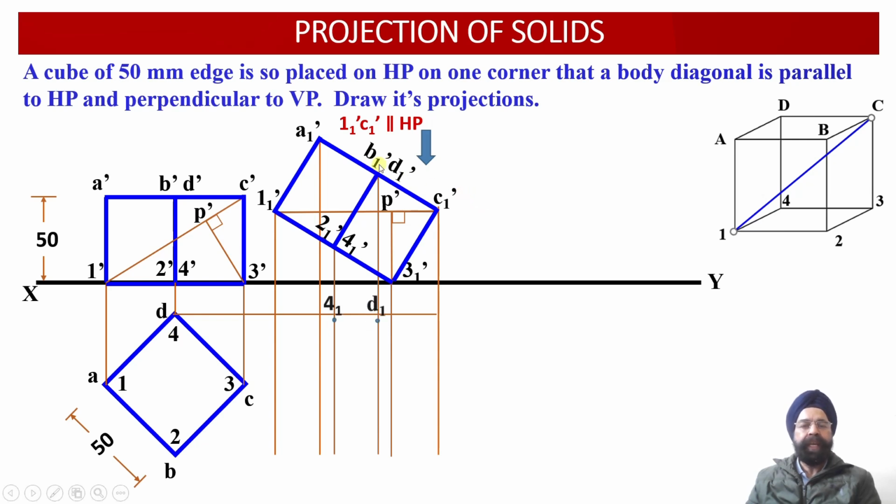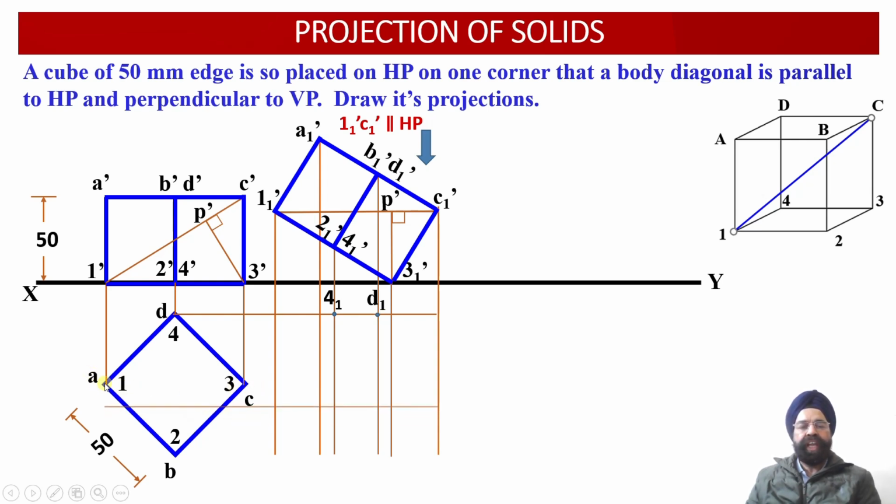So here we can see this is the vertical projector line drawn through D1 dash. It intersects with this horizontal line over here, providing us with the location of the point D1 in the top view projection. Similarly, this is the vertical projector line emerging from 4-1 dash. So wherever it intersects with this horizontal line, we obtain the point 4-1 in the top view projection. Here we have got 4 points which are falling in the same line.